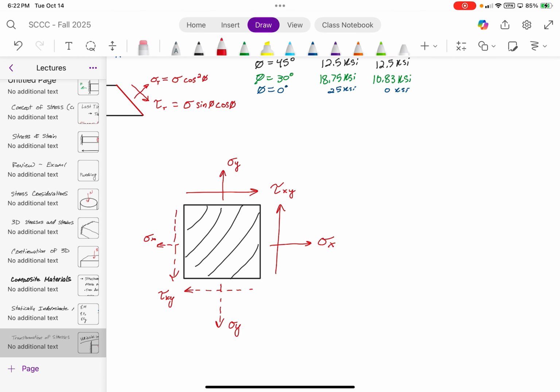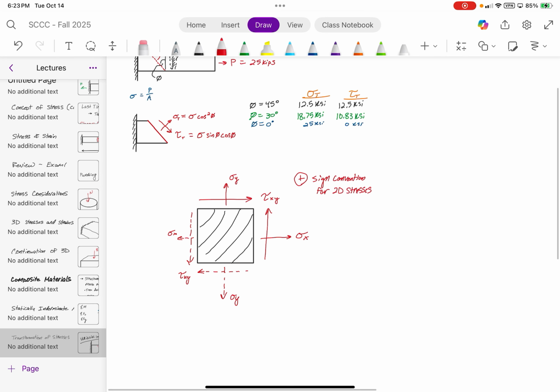Now I'm going to say this is the positive sign convention for 2D stresses. And if we were to look at the stresses for any particular orientation, we can compute the stresses by transforming this little block.